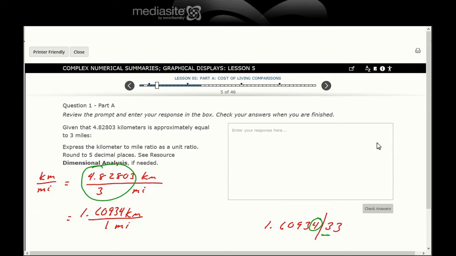So it would appear that the unit ratio is 1.60934 over 1, in my units, kilometers per mile.